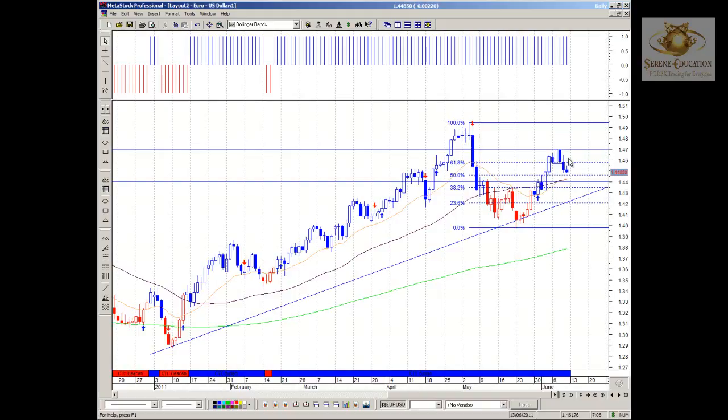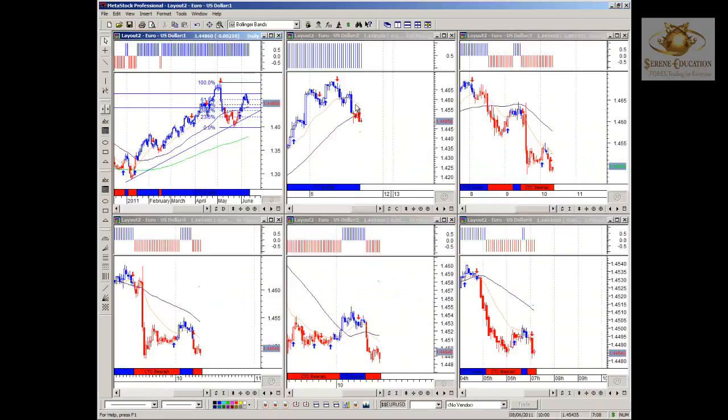But ultimately what happened was there was a correction in the market, and since then we've seen price pulling back, and it looks like we're heading towards possibly the 50% mark to start with, roughly around the 14,450 mark, but ultimately back down to a possible swing at 14,400 would also be on the cards for this pair. So intraday, let's have a look.